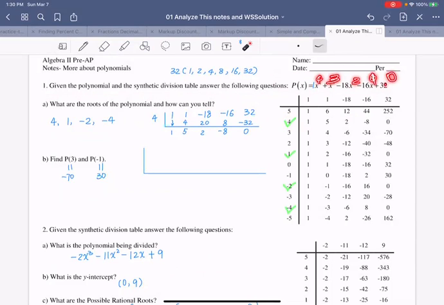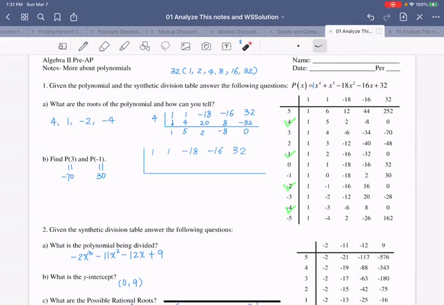And 32 is a constant term, which means x to the power 0, so you put it in the last position and copy down all the coefficients. You write down 1, 1, negative 18, negative 16, and then 32.